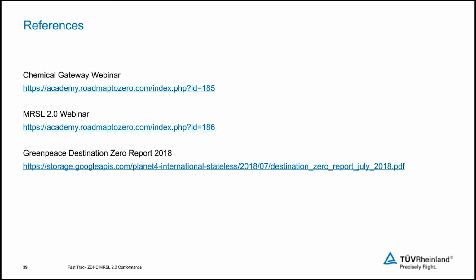For the audit, as I said before, the auditor will request specific documents from the chemical supplier or chemical producer about HSE, about wastewater, about waste in general. And I think these documents should be provided in advance.